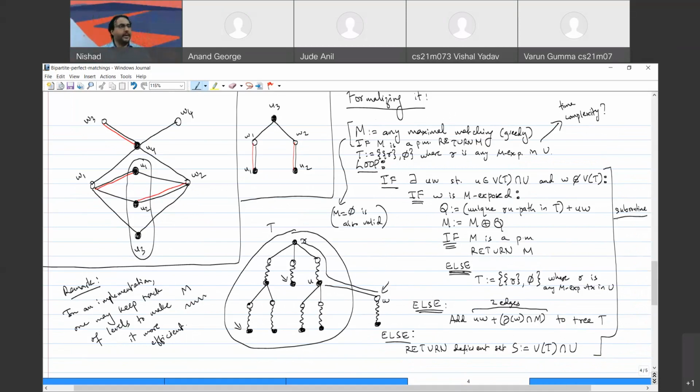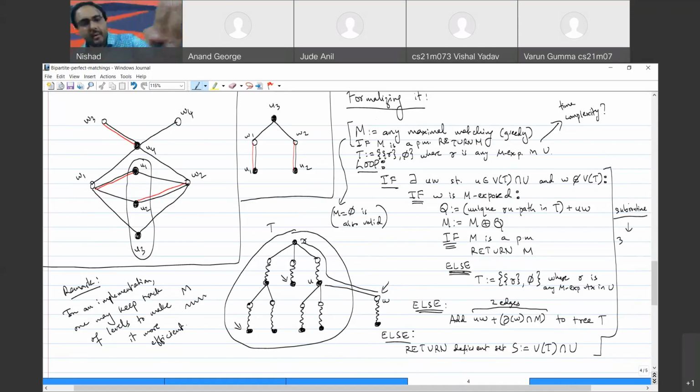So what does this subroutine do? This subroutine takes a matching and an alternating tree with respect to that matching, right? And it does three possibilities. Either it increases the size of the matching, or it increases the size of the alternating tree, or it returns a deficient set, right? So those are the three outcomes.